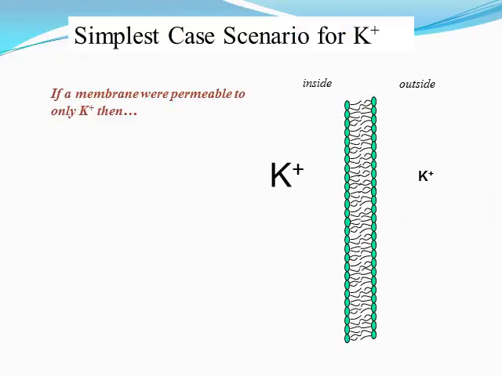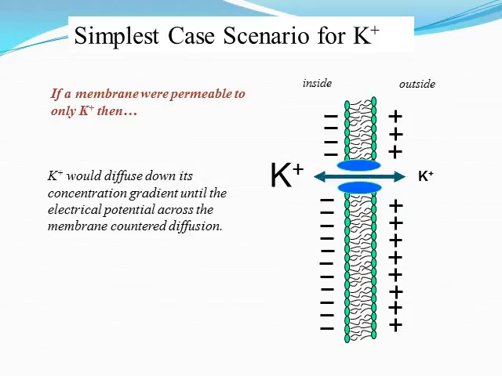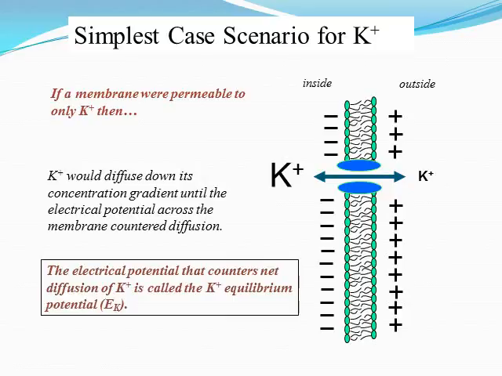Okay, so the simplest case when we're looking at potassium is in terms of the electrical signal. Potassium is going to diffuse down its concentration gradient.